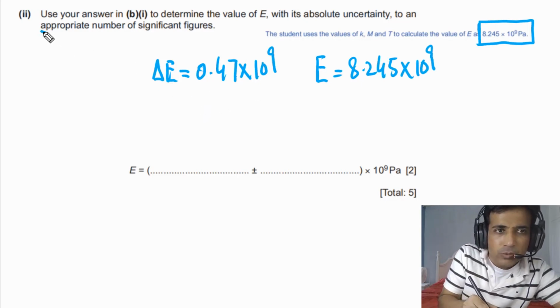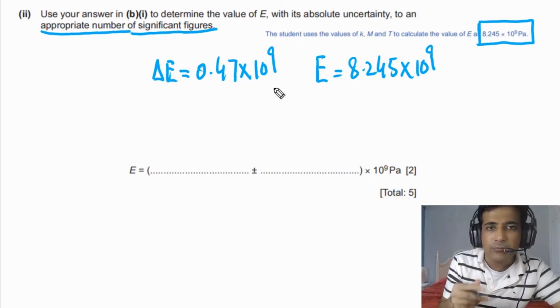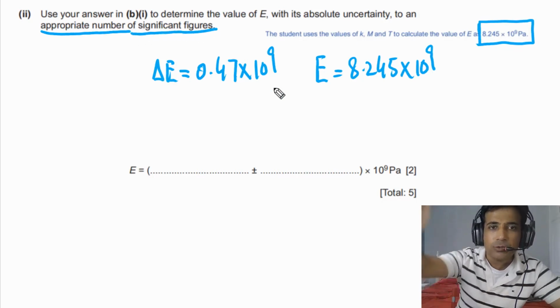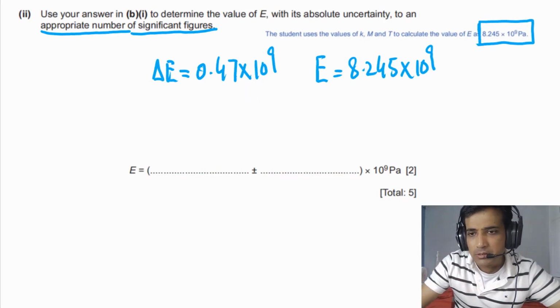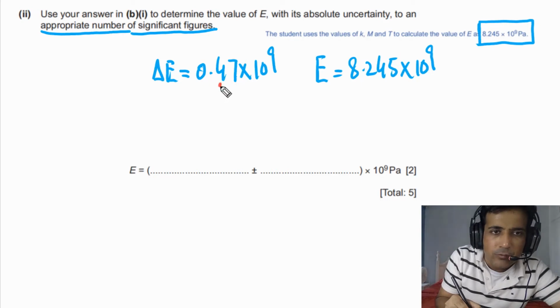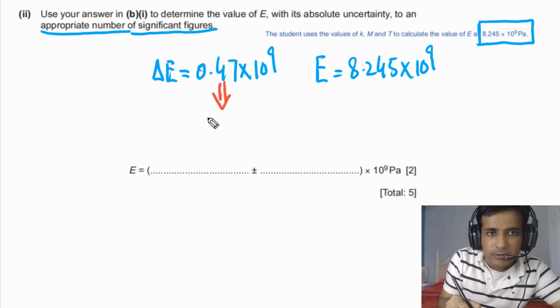Now we need to use appropriate number of significant figures and write down our answer. In order to write the answer for this question, we need to consider first of all number of SF in absolute uncertainty. Absolute uncertainty, you have to write down up to 1 SF.